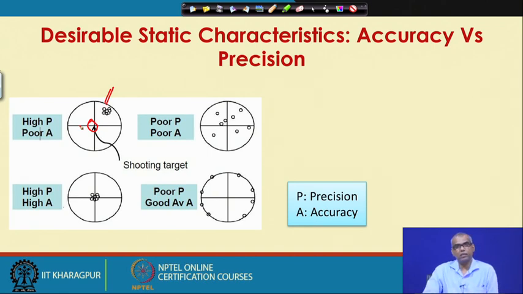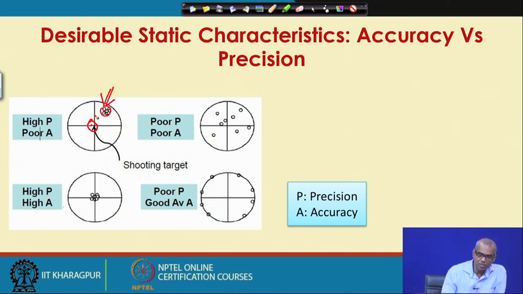So, you do 4 sets of exercise. In the first, you have hit all the bullets here. You have missed your target all the time, but you have hit here all the time. That means there is agreement among these. This may be away from the target.